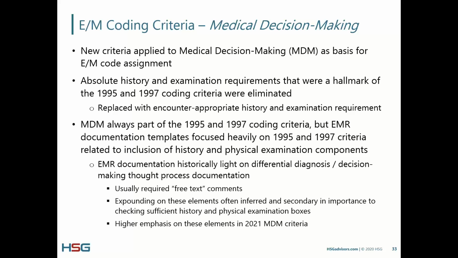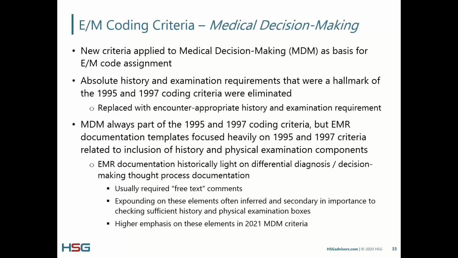And our EMR documentation templates focus heavily on those, right? Click the following boxes to make sure you get credit for systems reviewed and systems examined. Our current EMRs, at least all the ones that I've worked in, and that's been a number, the EMR documentation is historically heavy on the H&P elements and historically very light on things like differential diagnosis and the decision-making thought process.